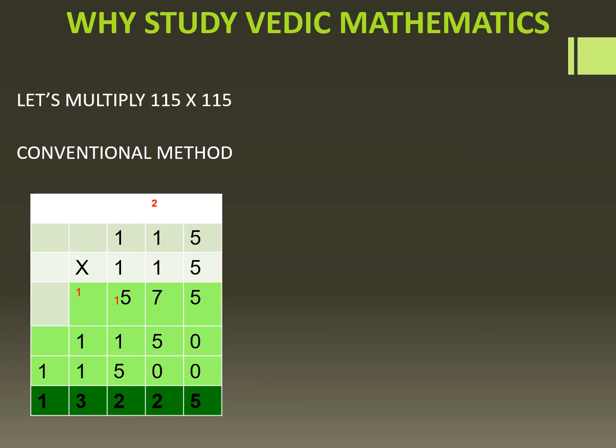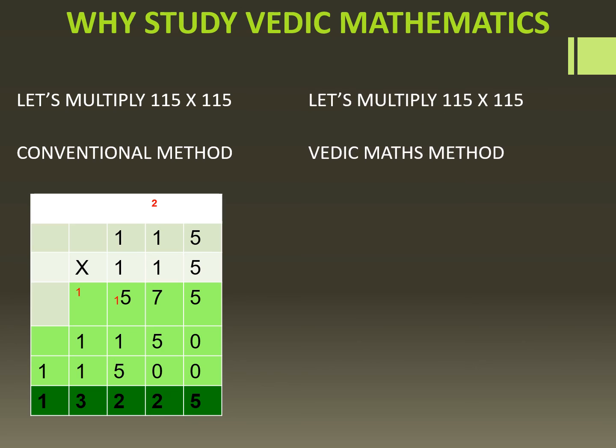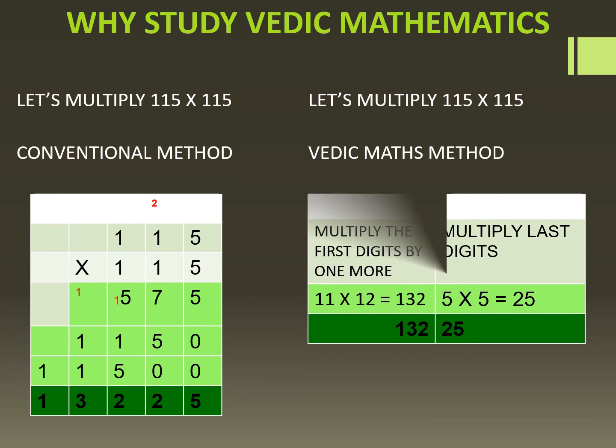Now let's solve the same problem using the Vedic maths method. To solve the same problem using the Vedic math method, what we would do is we take 11 in both the numbers and we multiply it by 1 more than itself. 1 more than 11 is 12.